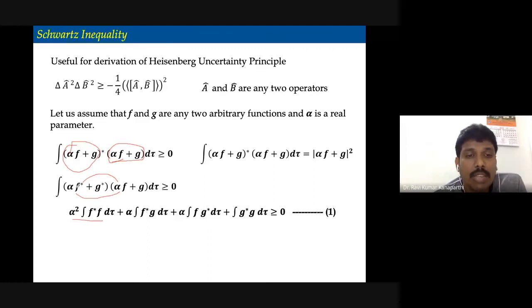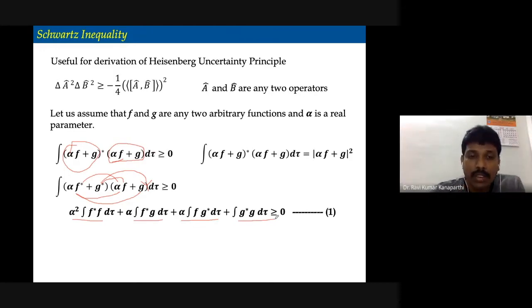Similarly, when you multiply this with this, you get one term. Similarly you can multiply this with that, and you will get another integral term. So there are four terms in the entire expression, and these are given there.